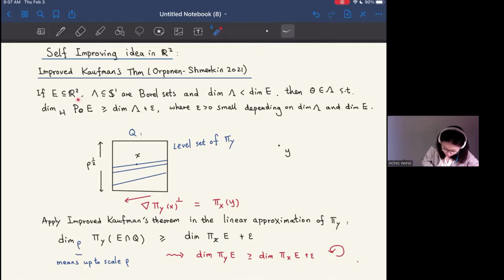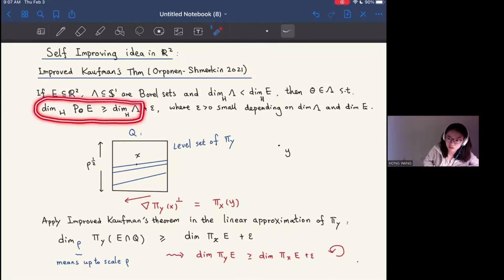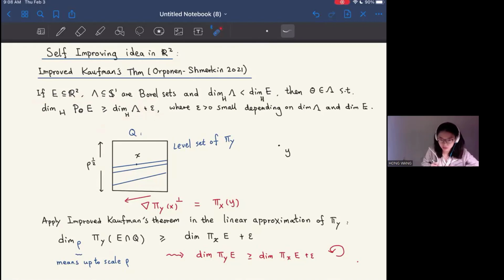So if E is a subset of R^2 and Lambda is a subset of the unit circle, a set of directions, they are Borel sets, and the dimension of Lambda is smaller than the dimension of E, then there exists theta, a direction, such that the orthogonal projection image has dimension greater than the dimension of the direction set plus epsilon, where epsilon is a small implicit positive constant depending only on the dimension of Lambda and the dimension of E. This part is the original Kaufman projection theorem, and then the epsilon improvement, as you might guess, also uses the Fourier projection theorem.